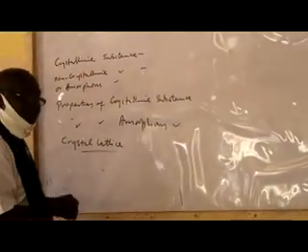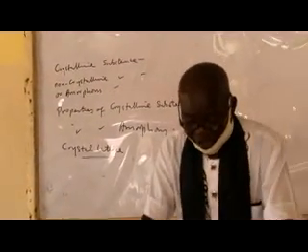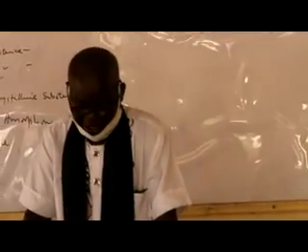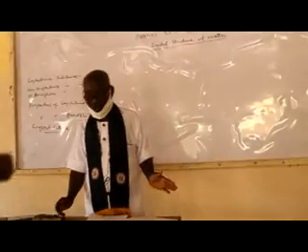What is crystalline lattice or crystal lattice? This is the arrangement of molecules in an orderly, regular, repeating pattern in a crystal. The arrangement of molecules is called crystalline or crystal lattice.